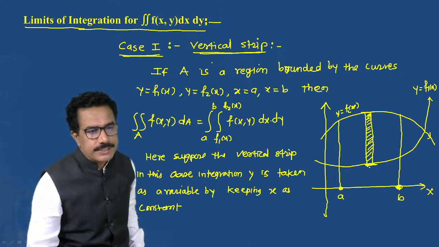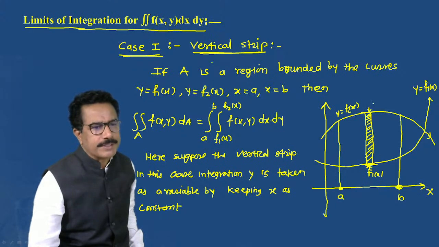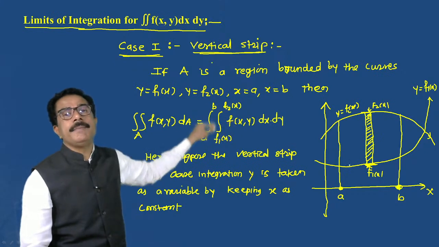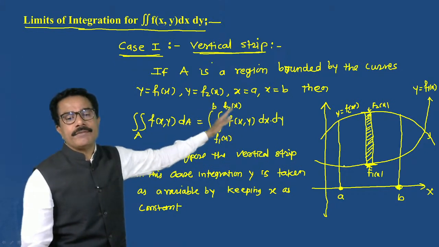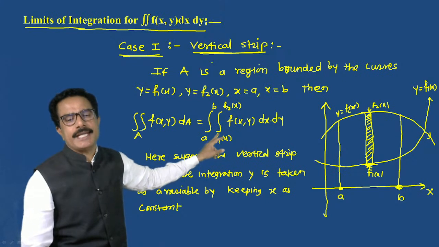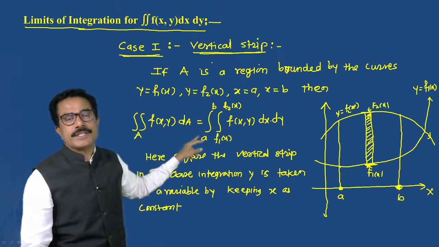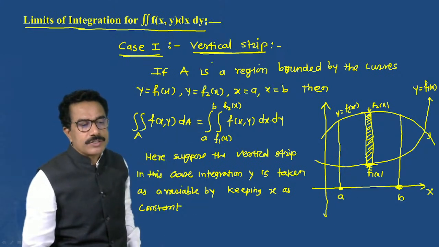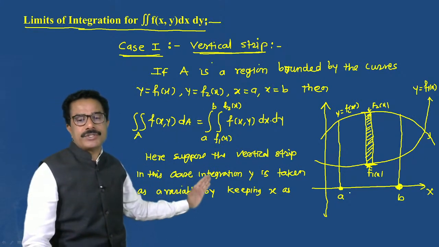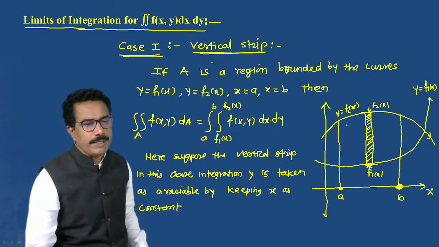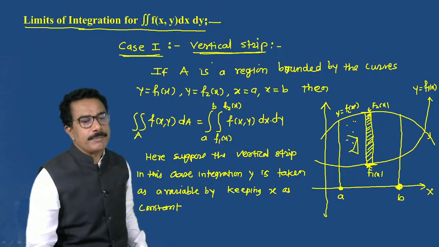This is f1 of x and this is f2 of x. These are the limits of the second integral, and the limits of the first integral are the bounds on the x axis, from x equals a to x equals b. So this is the concept of a limit when we consider the vertical strips.